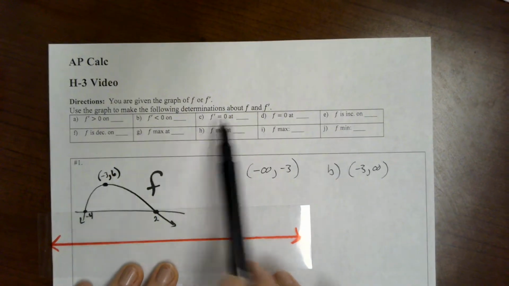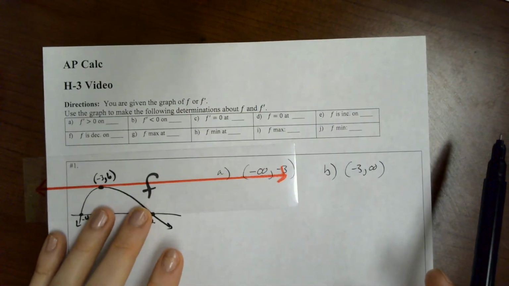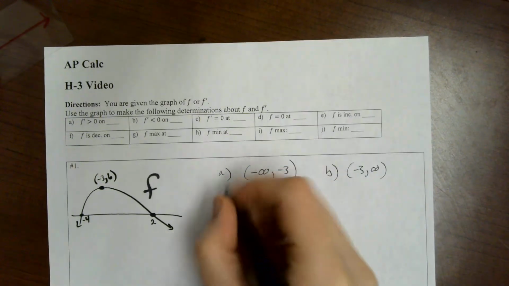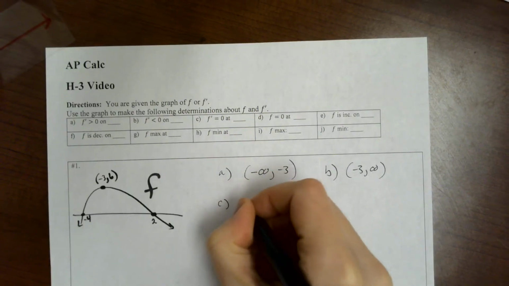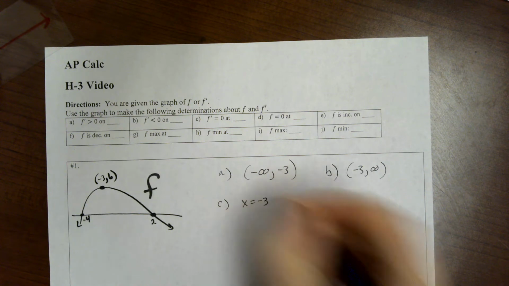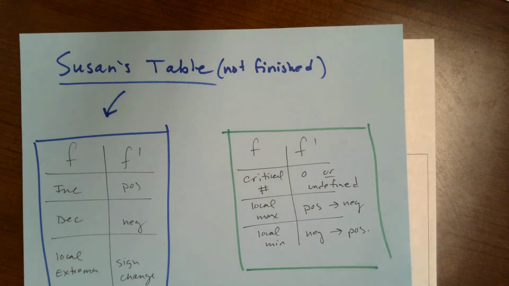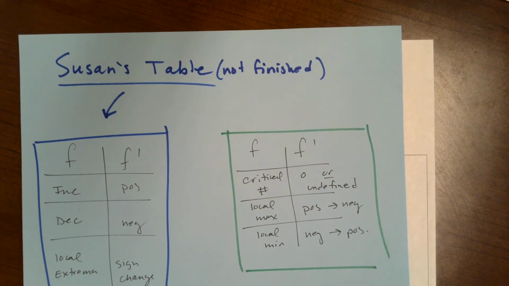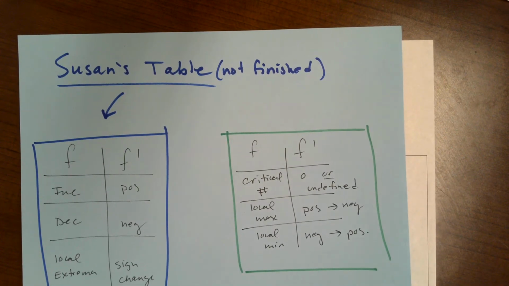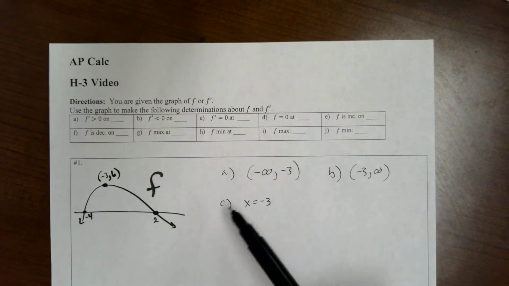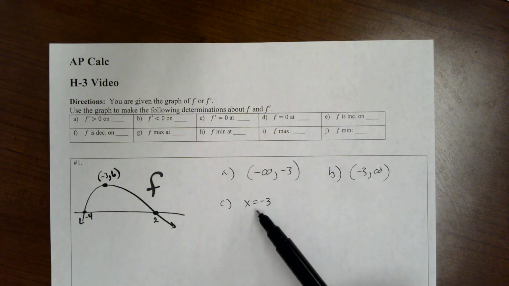So F prime equals 0 would be a horizontal tangent. You can just tell that it's x equals -3. You could also see it from the tables, but I don't want to talk more than I need to. It's easier, I think, just to do that.